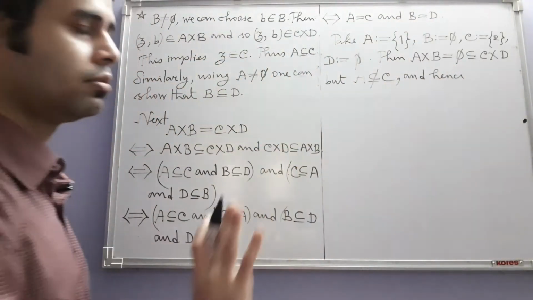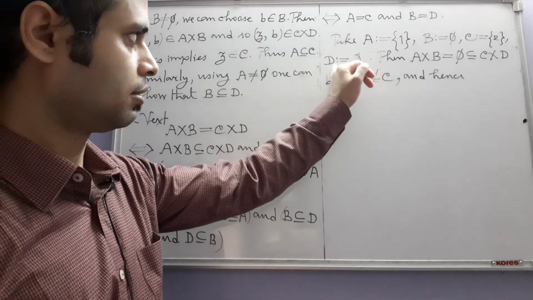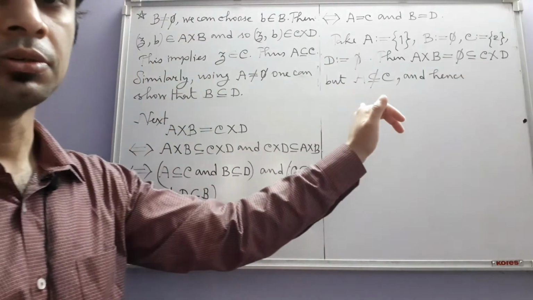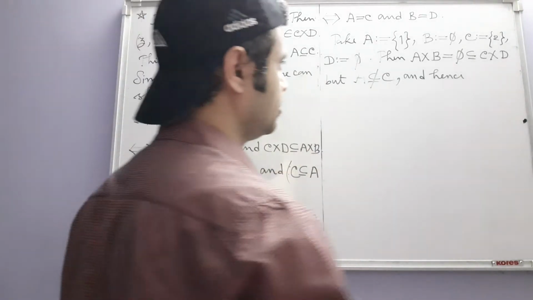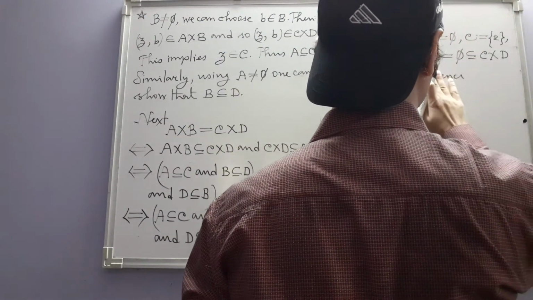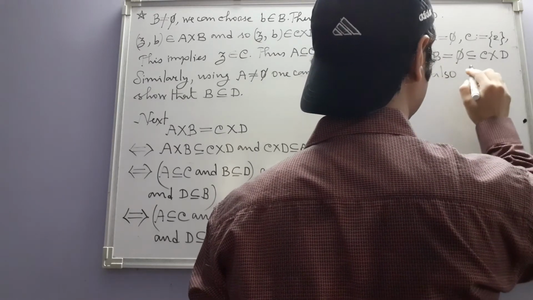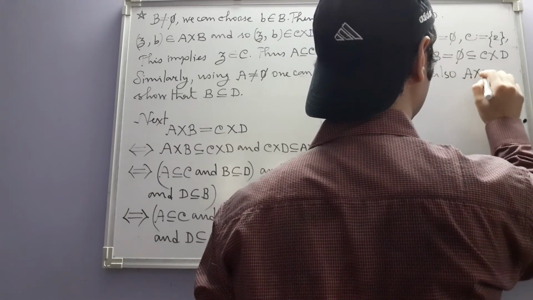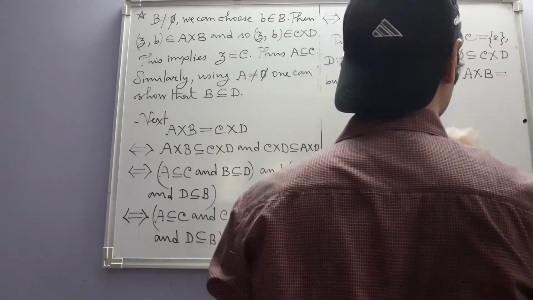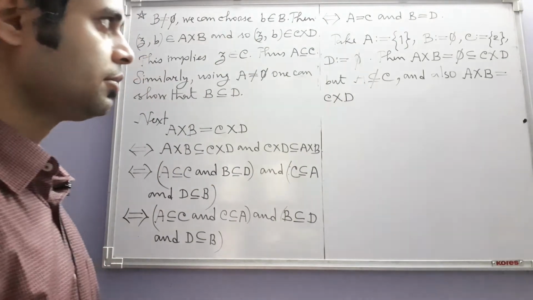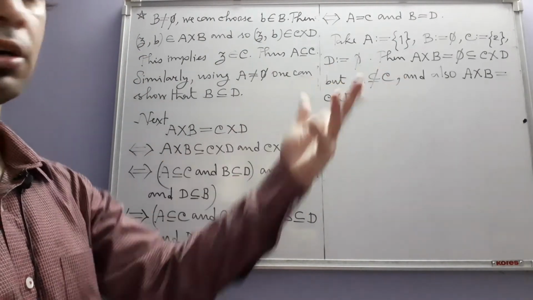Here we don't have to think about anything. Whatever D ultimately becomes, these statements are true, and hence A cross B is equal to C cross D, because now C cross D is also empty.